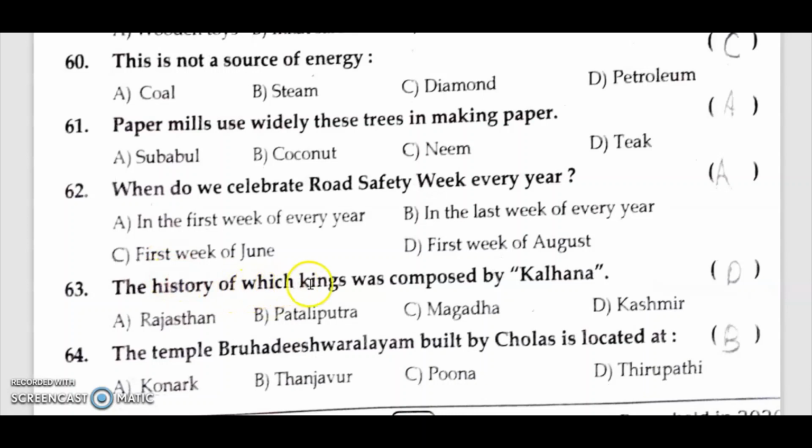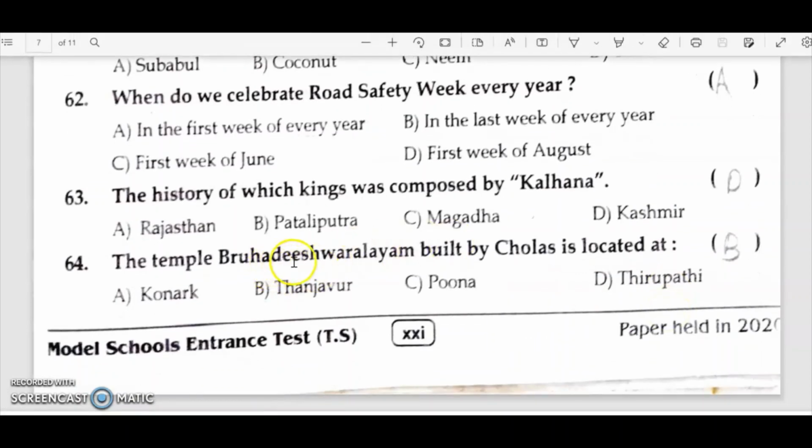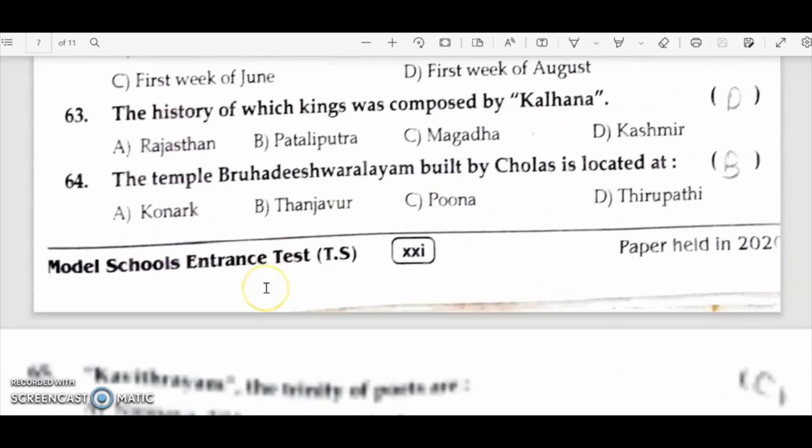The history of which kings was composed by Kalhana? Here the correct answer is D. Kashmir. The temple Bruhadishwaralayam built by the Cholas is located at B. Tanjavur.